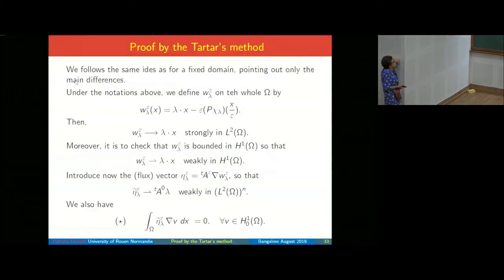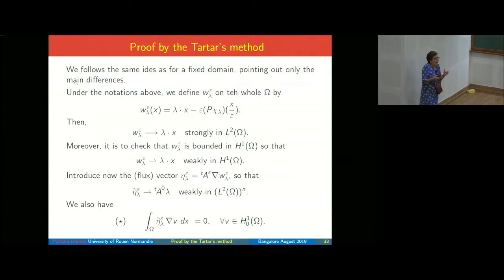Okay, now, how do we prove these results? We proceed exactly line by line as before, but there are some differences, because now the integrals are not on omega but on omega epsilon, and the functions are on the perforated domain, so we have to extend them.